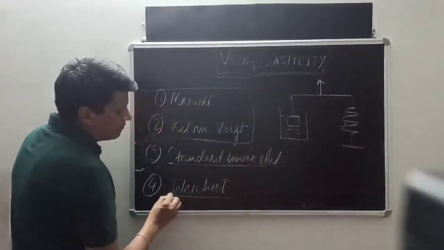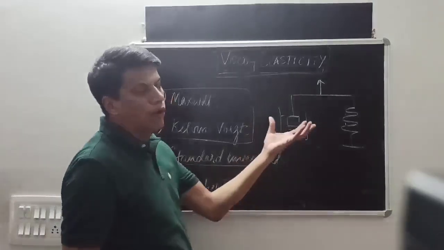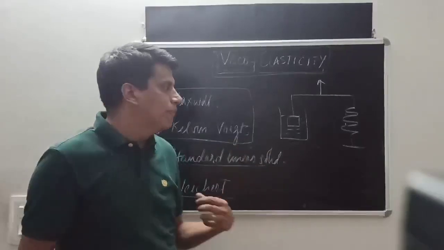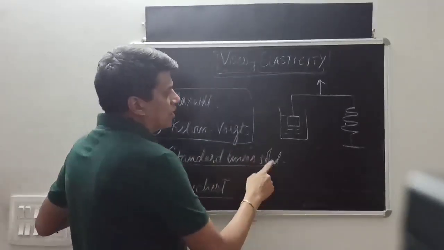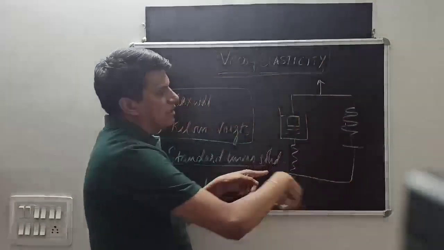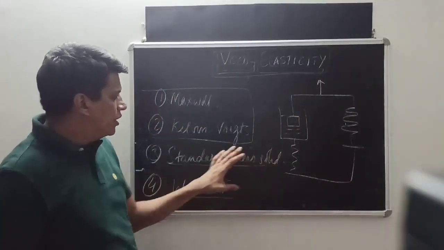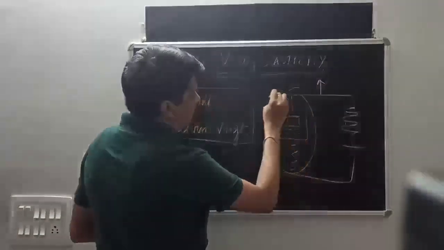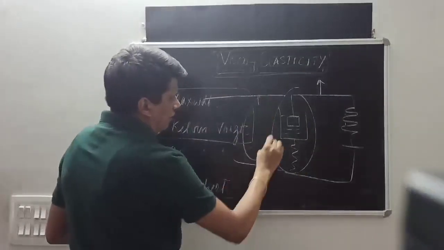Now come the other models, the Wiechert and standard linear solid models. They are modified forms of these models. However, they are used for advanced polymers. In the case of the standard linear solid model, a spring is attached here like this. Now in the case of the Wiechert model, many such components are attached here.